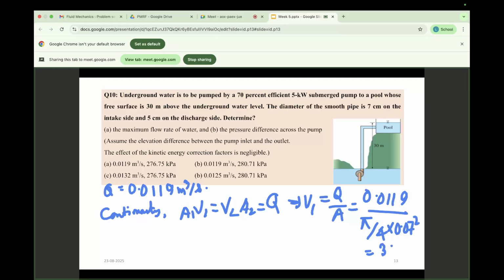Accordingly I get 3.09 meter per second, right? Similarly you can find out V2 which is Q by A2. So just calculate and tell what is the value.